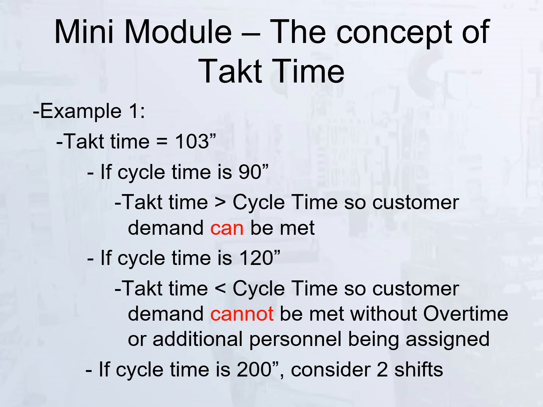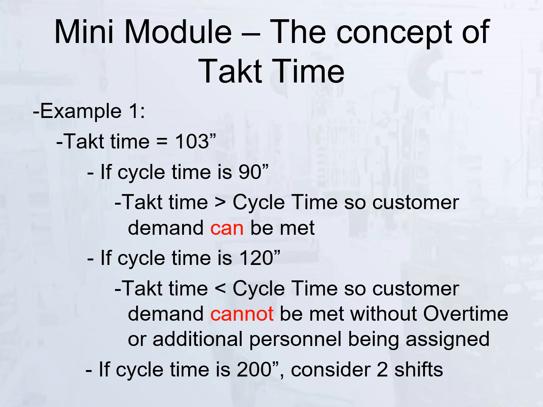We're now going to go through some scenarios. For this example, if cycle time is less than 90 seconds, can we meet customer demand? In this case, takt time, which is 103 seconds, is greater than cycle time, so customer demand can be met. But let's go through another scenario: what happens if cycle time is 120 seconds?